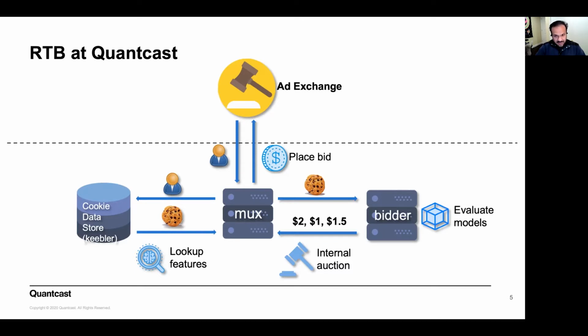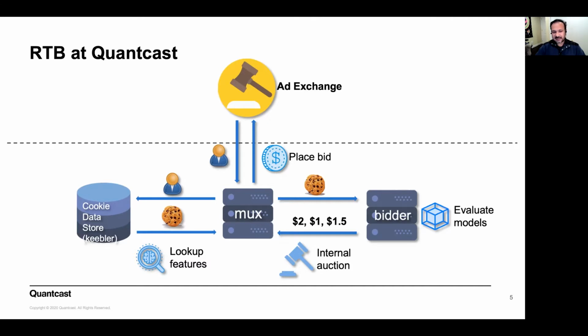And it finds out the details about the cookie that has come with the ad request. We use a cookie data store which we built in-house, and it's called Keebler. It stores the features of a cookie, and it responds back with those features to MUX. These features can be things like user demographic, interest, sites that the user has visited, and marketers for which the user has seen the ad.